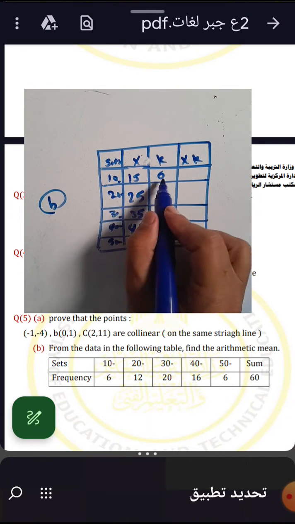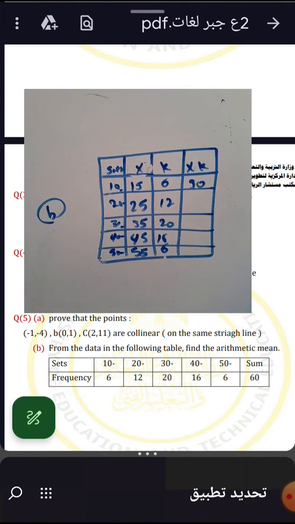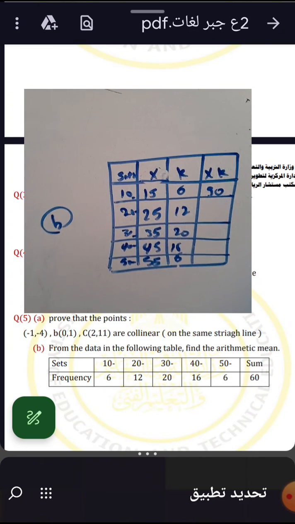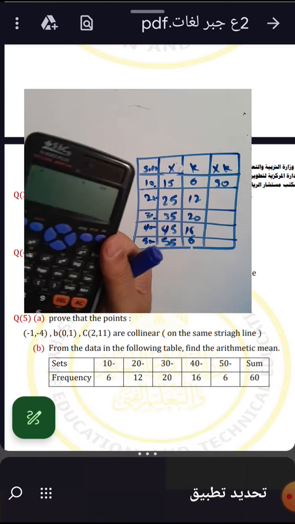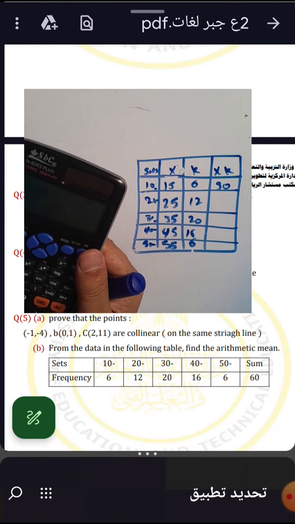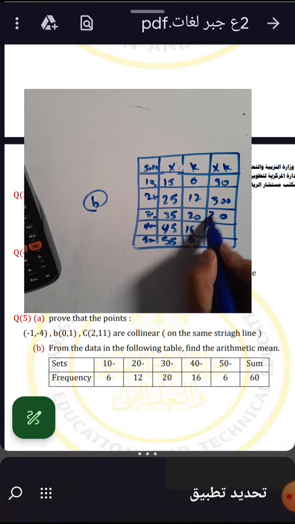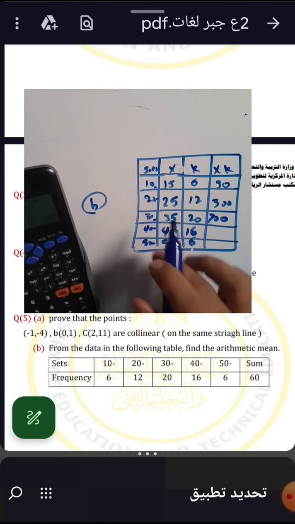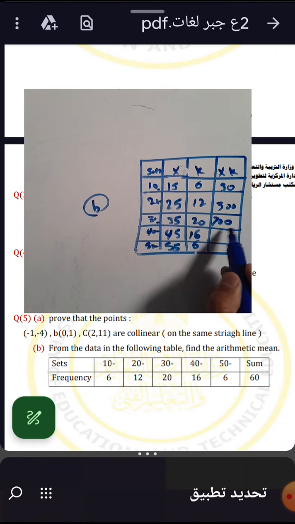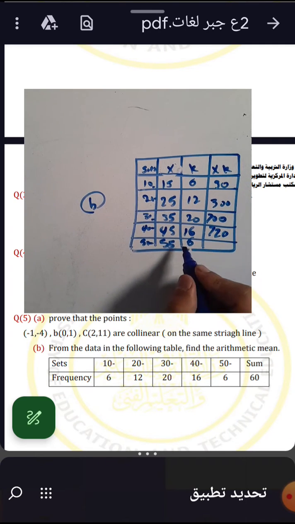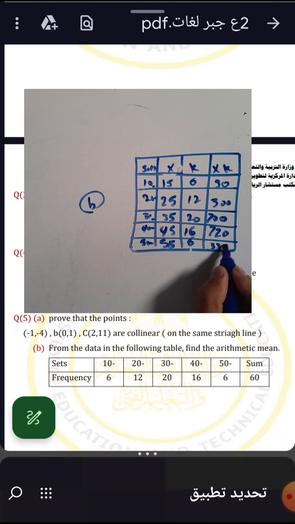Okay, and then the product between them, 6 times 15, it will be 90. 12 times 25, complete here by using a calculator to find the result. It will be 300. And 35 times 20, it will be 700. 16 times 45, 720. And 55 times 6, 330.